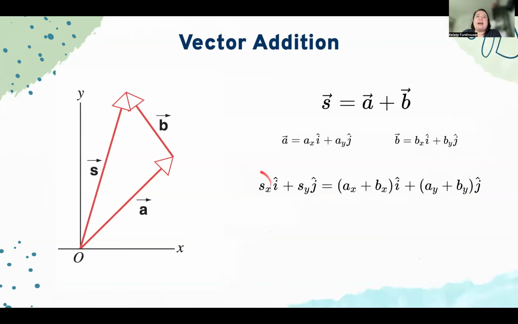So the x component of S is just the x component of A plus the x component of B times i hat. And the y component of S is just the y component of A plus the y component of B times j hat.